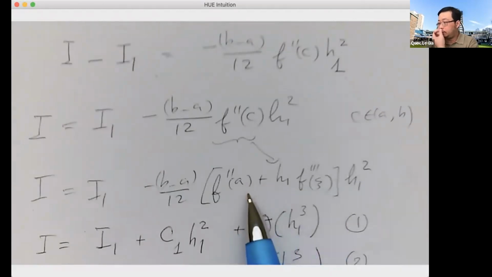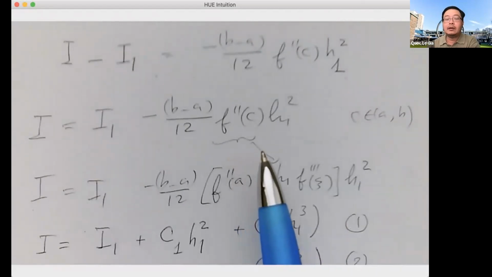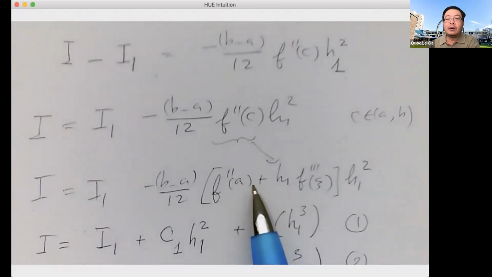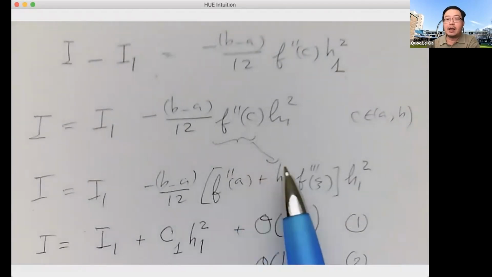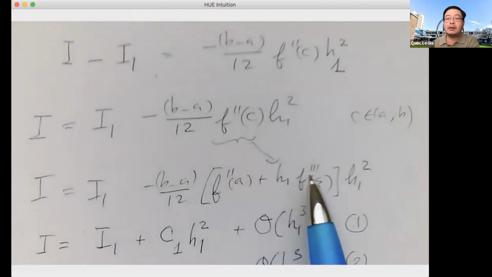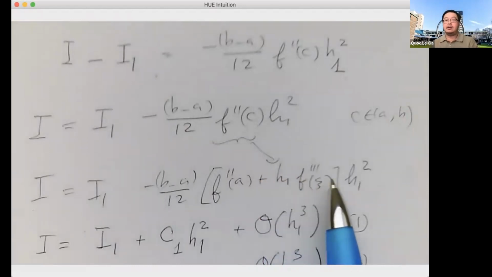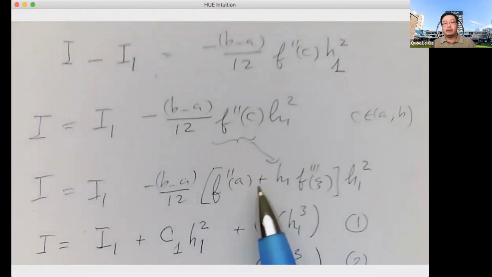So I take a point x, then f of x is f of a plus f prime times (x minus a). Essentially it's just the same: mean value theorem or Taylor's theorem.